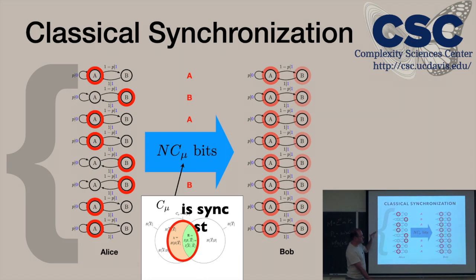So I have this giant list of A's and B's, but then I want to take that message, and instead of just sending it raw to Bob, I want to compress it. And we know that the size of the resulting message when compressed optimally is n times C mu, in the limit as n goes big. Okay, so that's where C mu comes into this classical picture. Does that make sense?